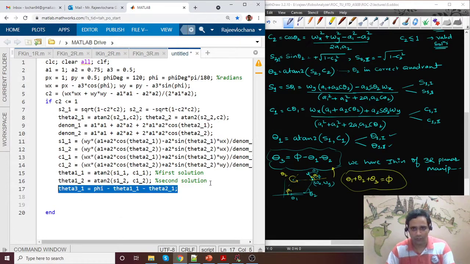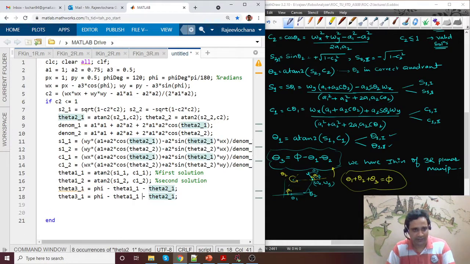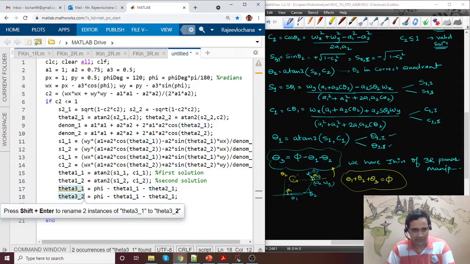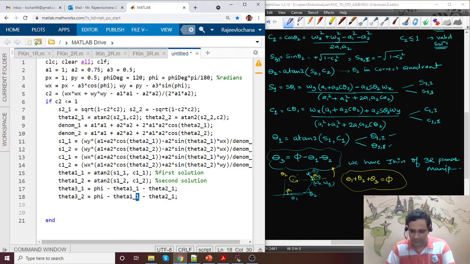So this is how we get one of the theta 3's. Similarly I'll have the second theta 3, which is the second set, second of theta 2 and second of theta 1. Yeah, sorry, the other way around. Okay, now we have done the inverse kinematics. It is completed. So you can try it out giving some expressions. You will be able to get the values.